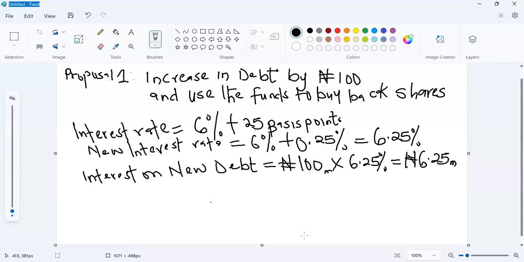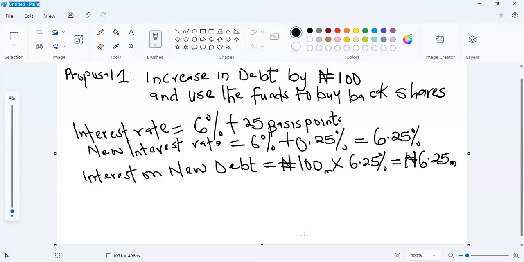Now, the condition says there will be 25 basis points on the total debt. The total debt is the existing debt and the new debt. We have introduced 25 basis points to the new debt.